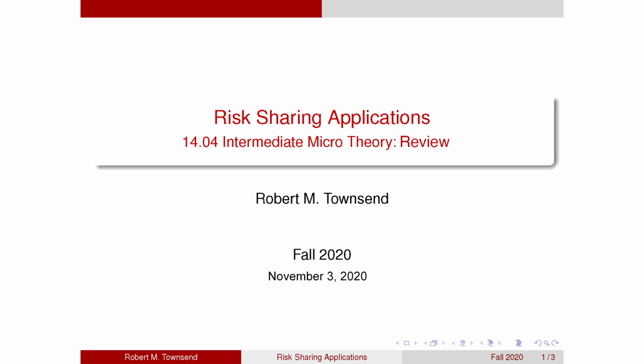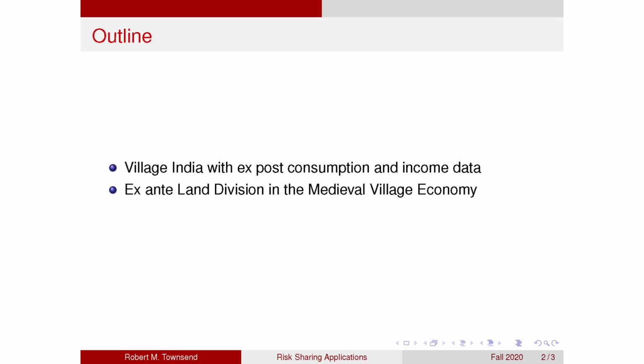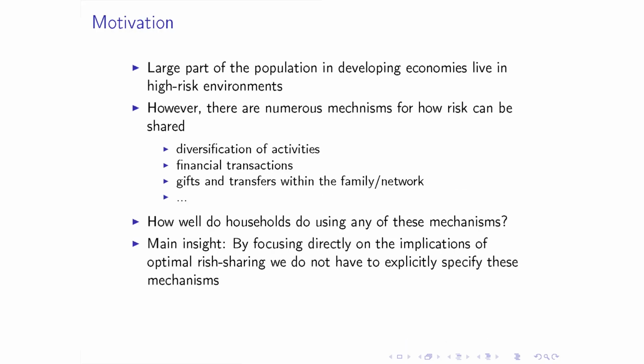So let's go to the review from lecture 8 on. I will try to highlight that we did risk sharing in India, in the villages, and also in medieval England in terms of dividing up the land. I talked at the beginning of the lecture about the high risk environment and the way households could respond to it, either by diversifying or by helping each other out with financial gifts and transfers, and then ways to test.